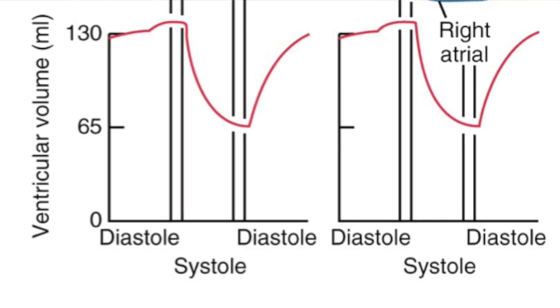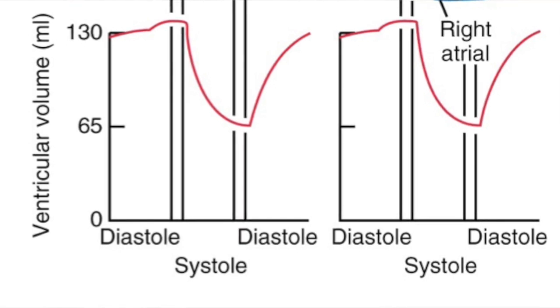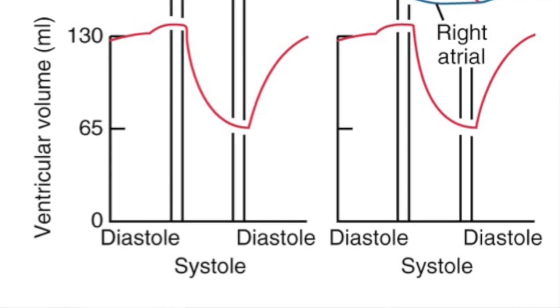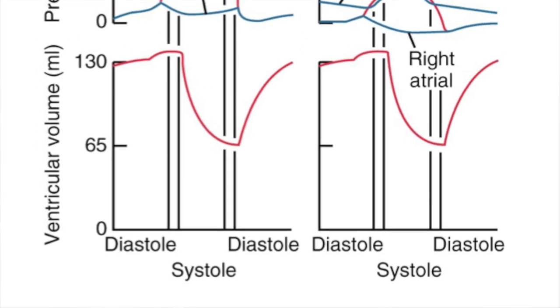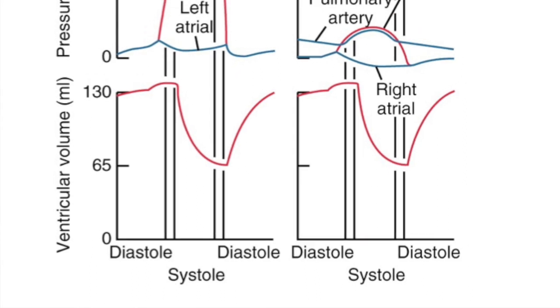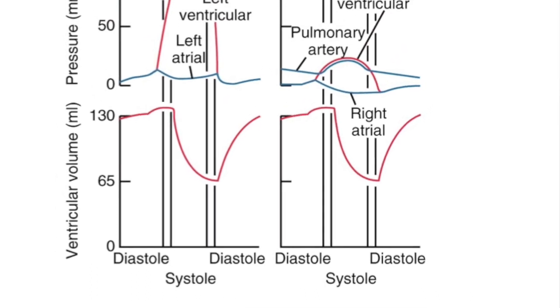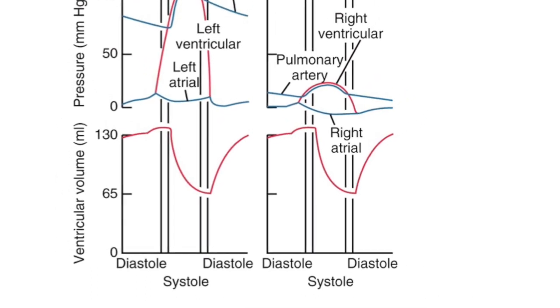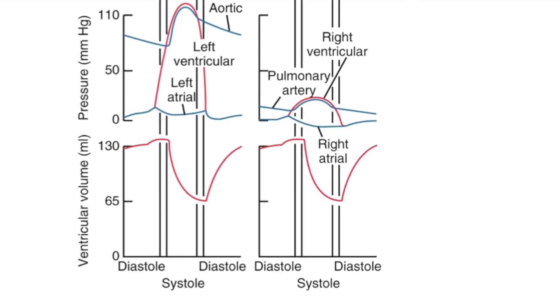And you can see they go through similar shapes and similar patterns. And that shouldn't be a terrible surprise. We'll think about this, we'll come back to this maybe later, as to why the pressure curves are so different, but the volume curves are very similar in shape between the left and the right side of the heart. That has to do with, guess what? A conservation law. It's physics after all.